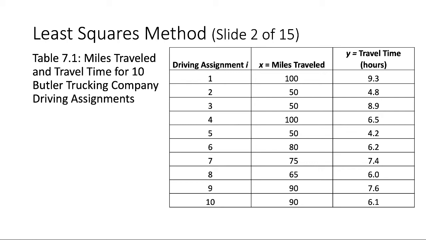Driving assignment 2, with x2 equal to 50 and y2 equal to 4.8, is a driving assignment of 50 miles and a travel time of 4.8 hours. The shortest travel time is for driving assignment 5, which requires 50 miles with a travel time of 4.2 hours.